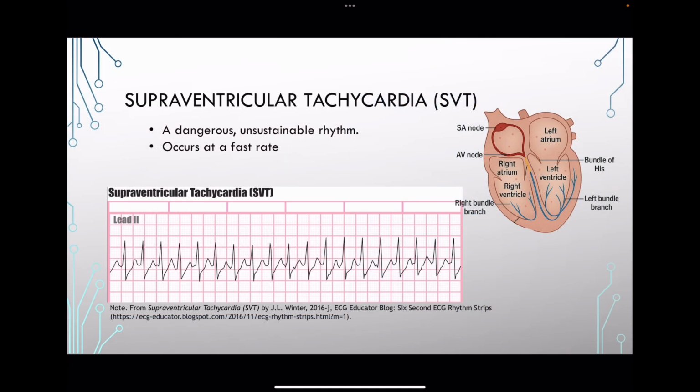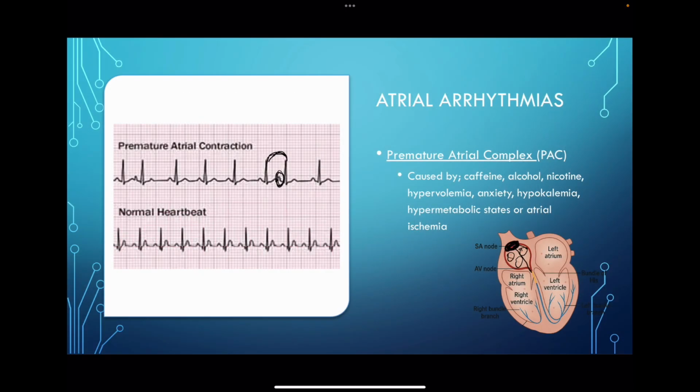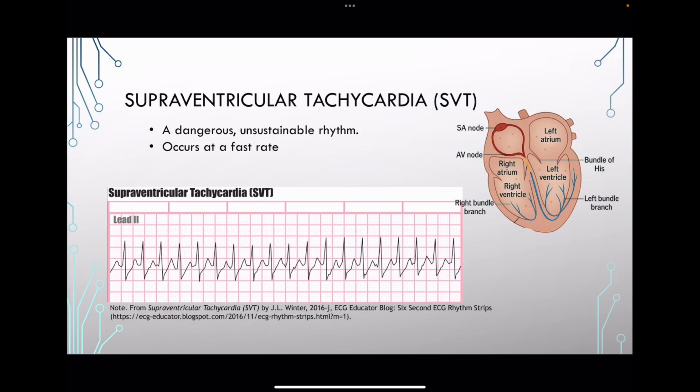Okay, I put SVT next because premature atrial contractions and SVT relate to each other. So as I just explained, a singular PAC is a foci point irritated, sending that electrical signal down that node. SVT is essentially a foci point extremely irritated and continuously sending them.